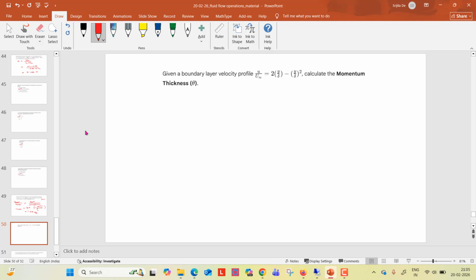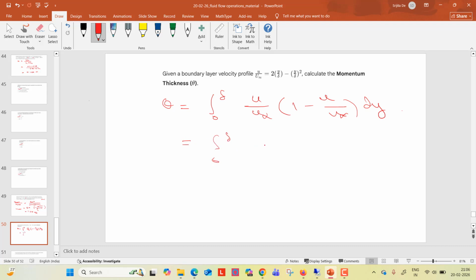So the momentum thickness definition is given as theta equals the integral from 0 to delta of u by u infinity into (1 minus u by u infinity) dy.